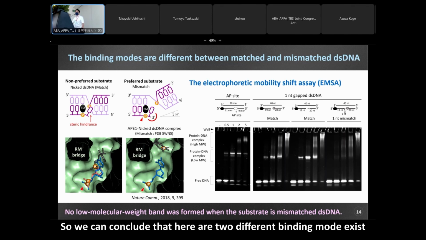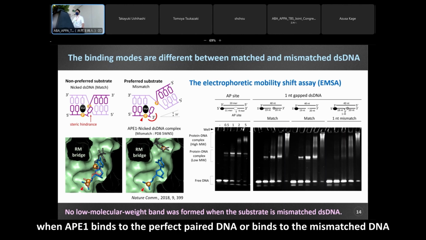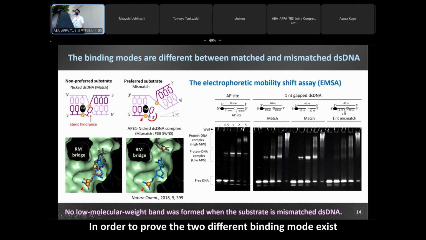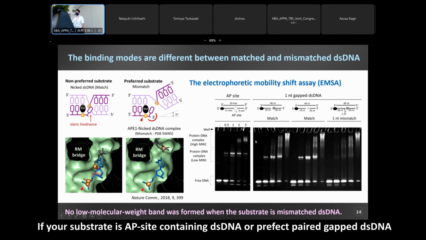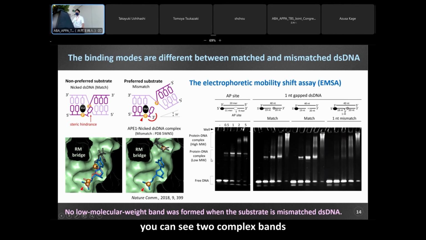So we can conclude that two different binding modes exist when APE1 binds to perfectly paired DNA or to mismatched DNA. In order to prove the two different binding modes exist, we used the gel shift assay. If your substrate is AP site containing double-strand DNA or perfectly paired gapped DNA, you can see two complex bands.